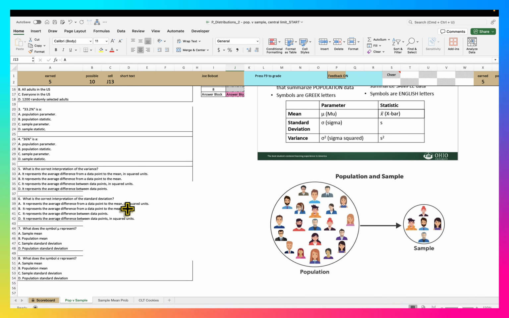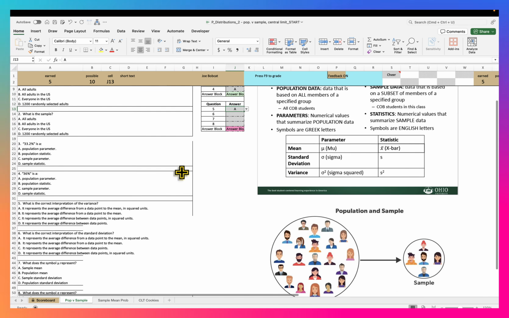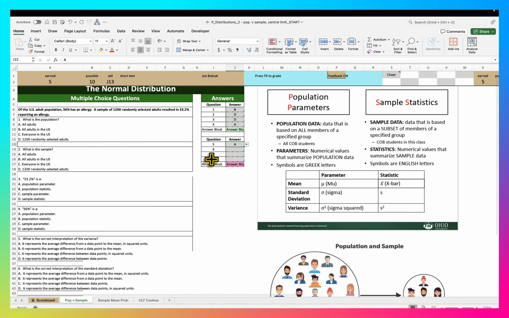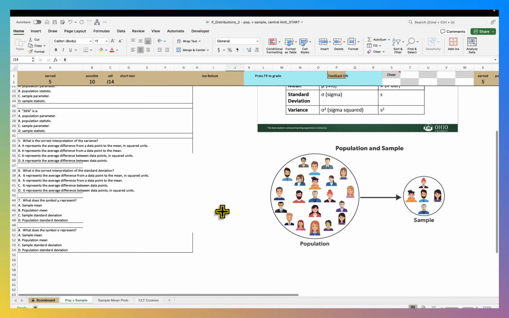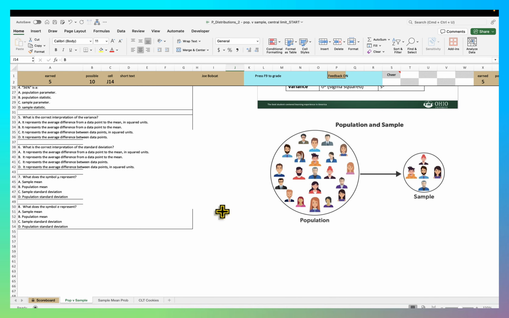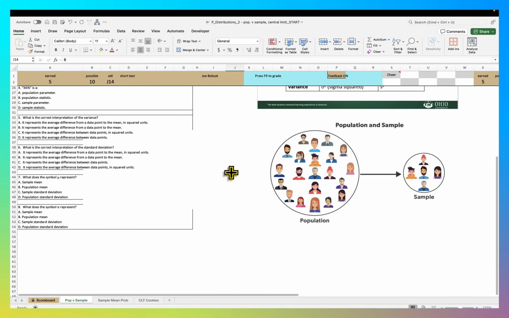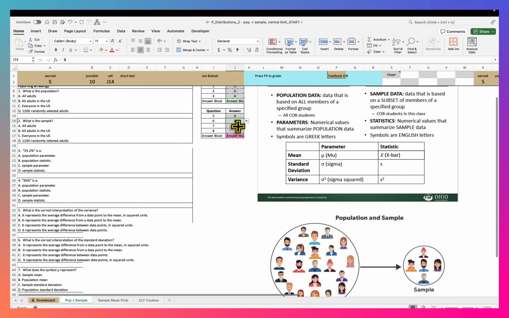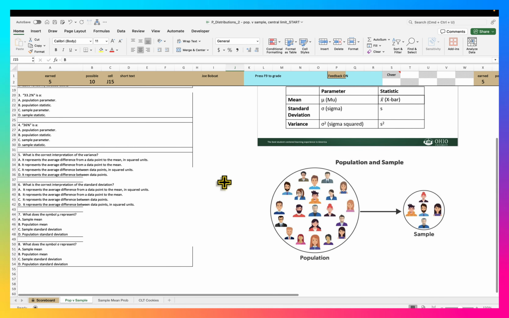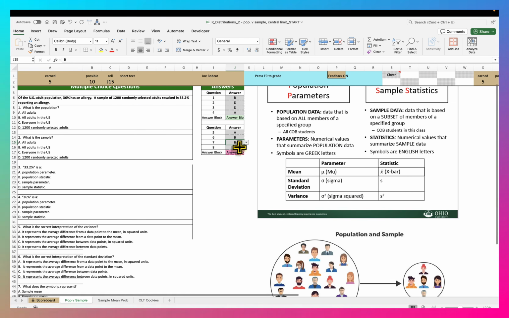That's going to be B, average difference from a data point to the mean. What does the symbol mu represent? It's the population mean, B. And what does the symbol sigma represent? The population standard deviation, which is D.